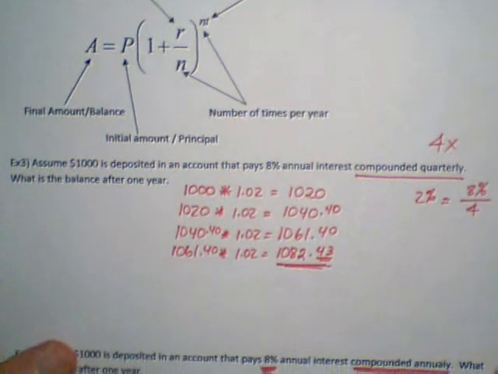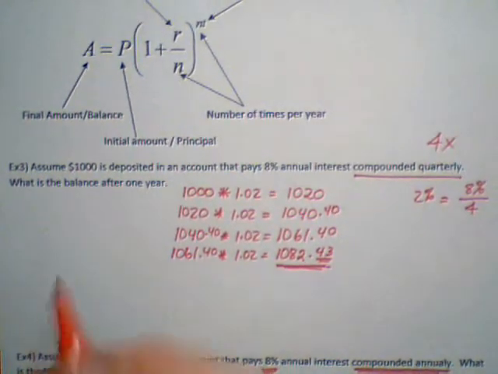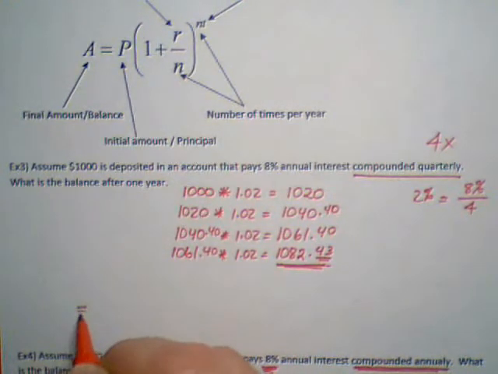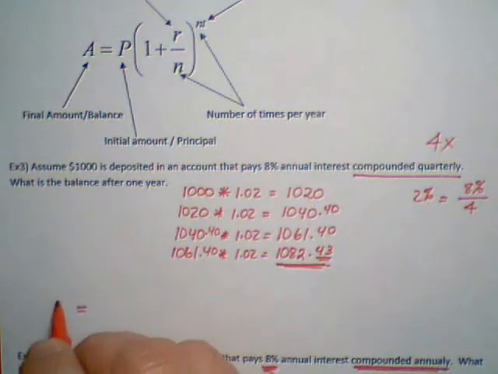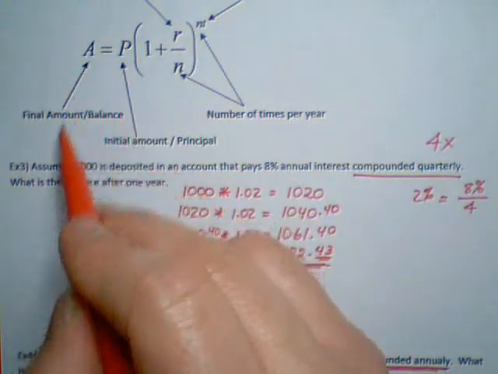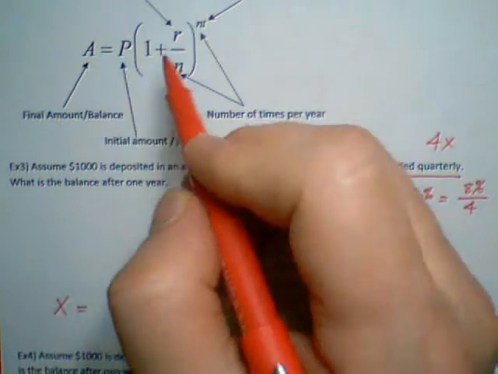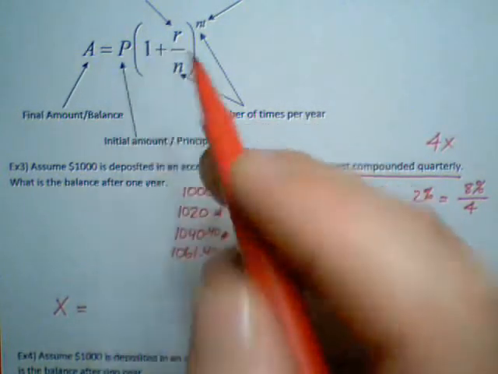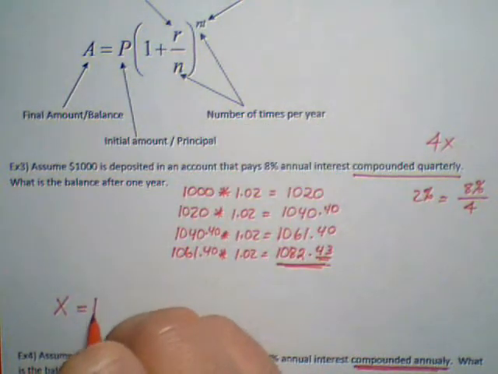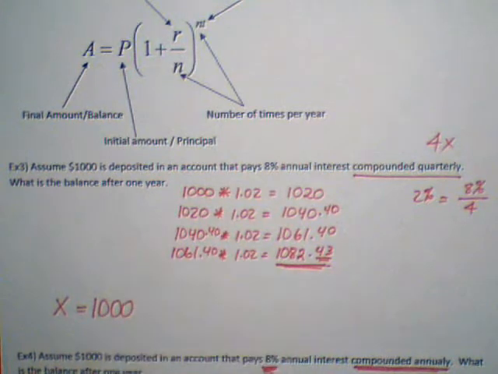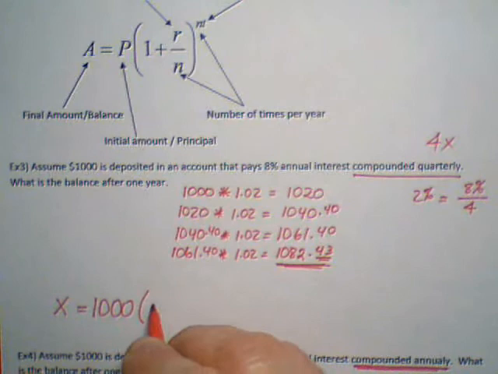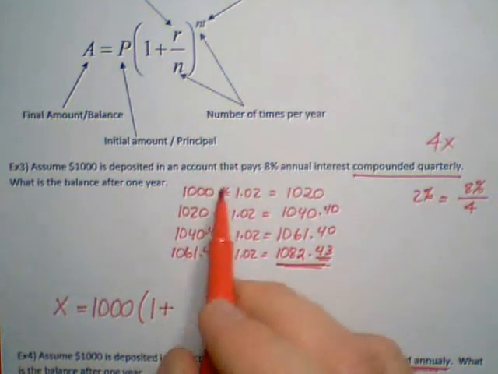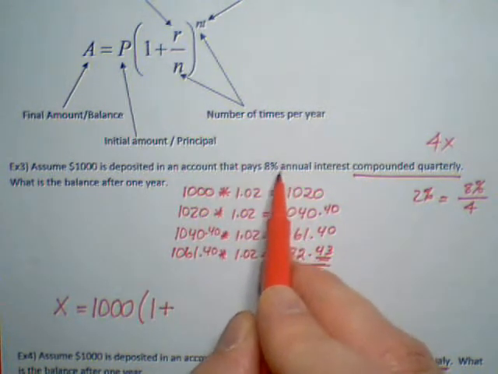So let's see how it works for this situation. In this problem, we're looking for our balance, so this is going to be our X. Our principal, or our initial amount, is the $1,000 we deposited in the bank. And open parentheses 1 plus the interest rate, which is 8%.